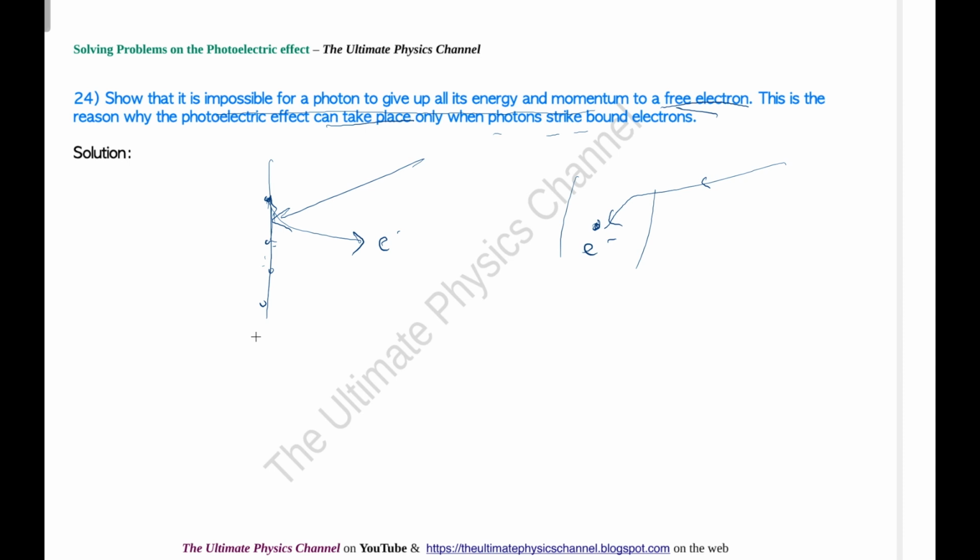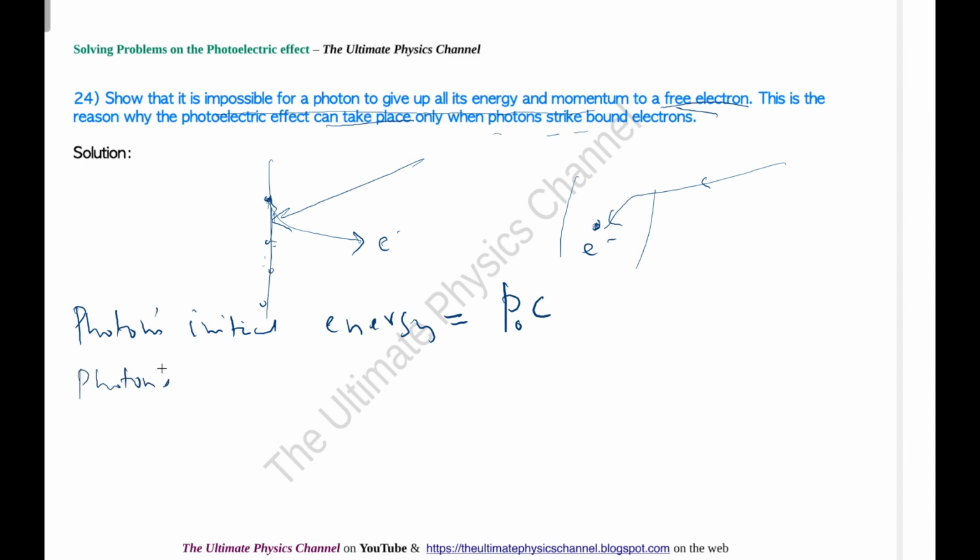Right. So how to do this? Very simple. From the relativistic expression, let's say the photon's initial energy is E naught, and its initial momentum is P naught.